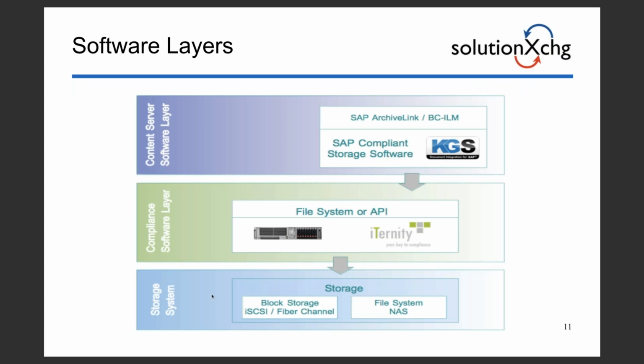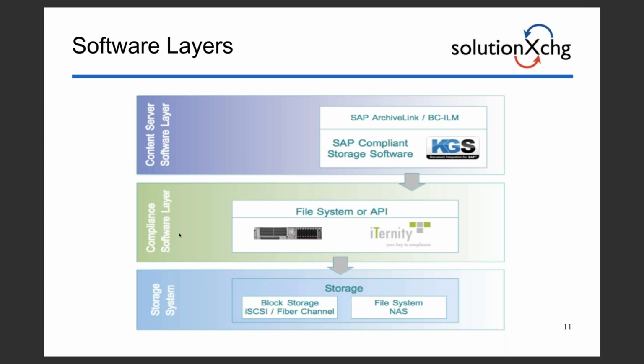Just so that we understand the layering, the content server software layer is on the very top. SAP Archive Link connects to the KGS storage software. KGS storage software can connect to a file system or API, for example, by Eternity.